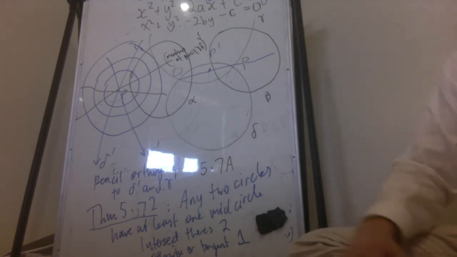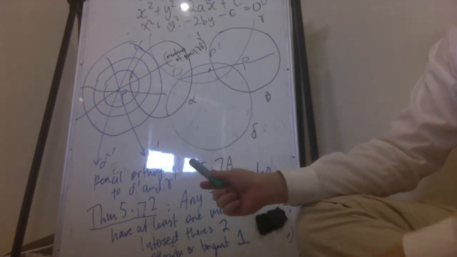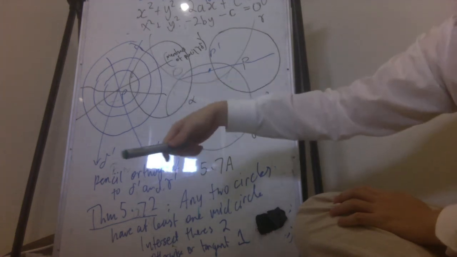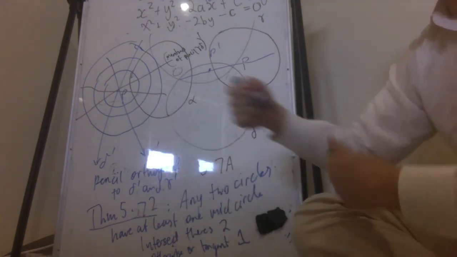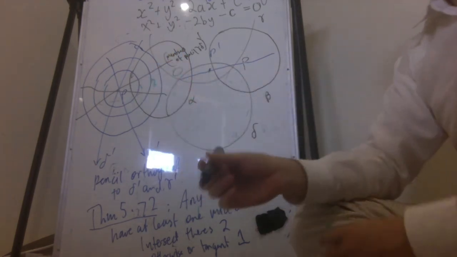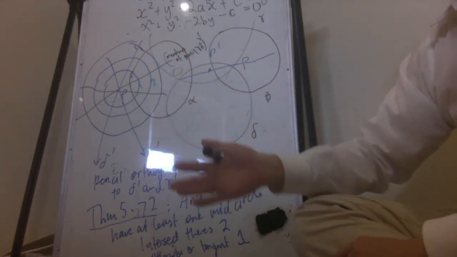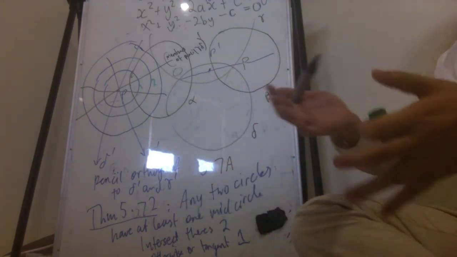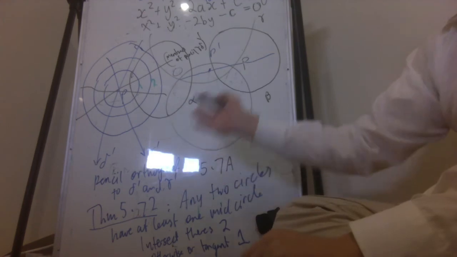Does that make sense? So the claim that we're trying to verify now is we're inverting by O, but we've fixed the radius. If we remove that radius and switch to another radius, like if we pick two circles, like 1 and 2, they no longer be the same circles. They'd be something else. But these circles are purely defined by their radii, because we know that the center is P prime still.